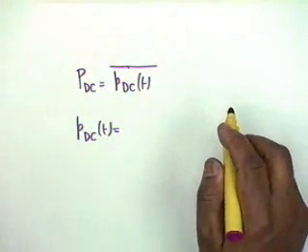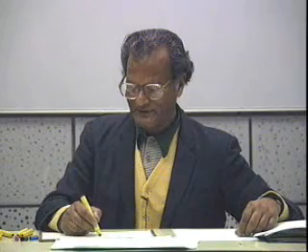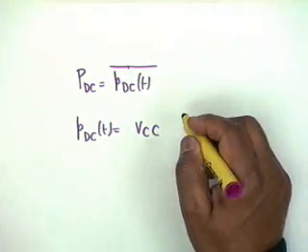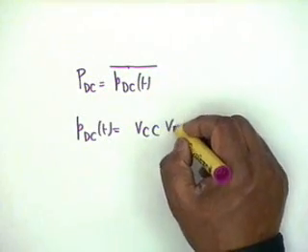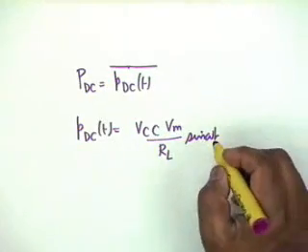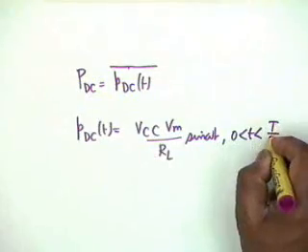When Q1 conducts, what is small PDC? It is VCC multiplied by the load current, which is Vm by RL sin omega t. Is this point clear? When Q1 conducts, Q2 does not, the drop is VCC, and this is the load current, and this is for 0 less than t less than capital T by 2.